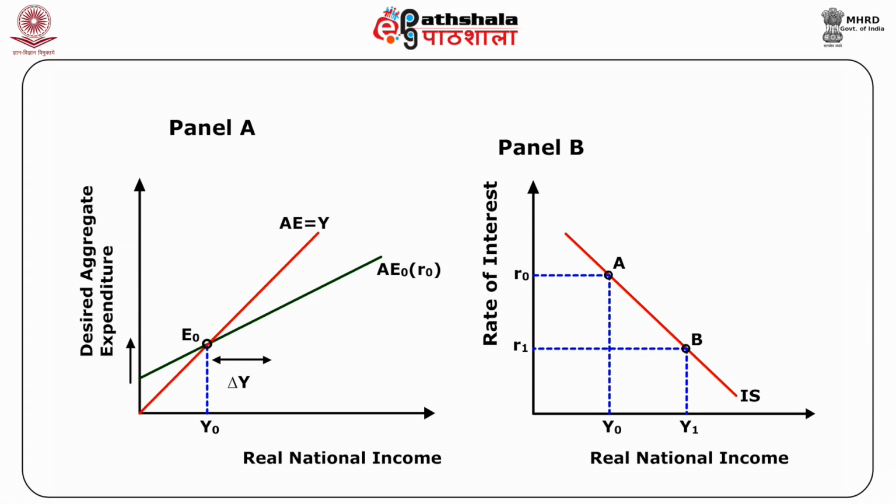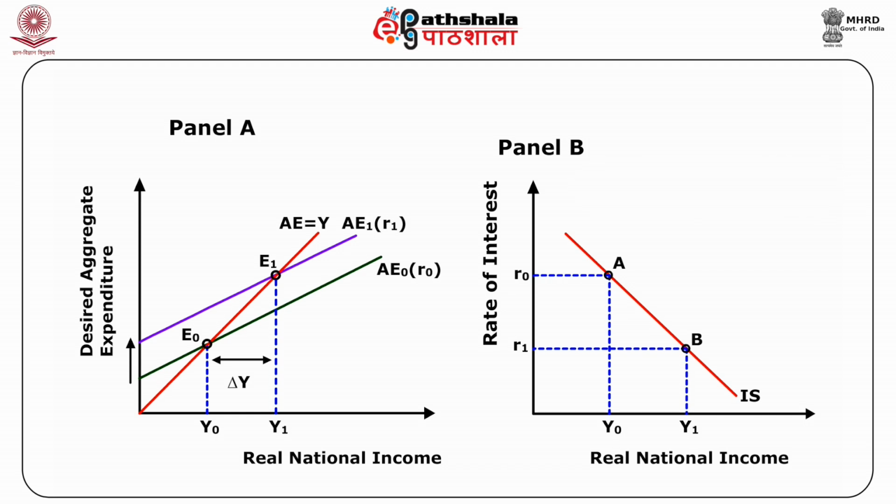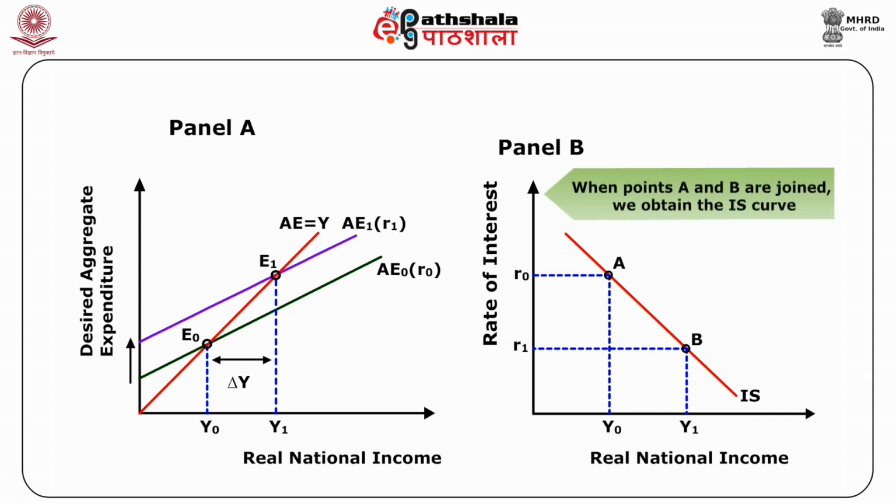Now, when the interest rate falls from R0 to R1, investment spending rises and leads to an upward shift of the AE curve. A new equilibrium is established at point E1, where equilibrium income is Y1. The point corresponding to this new equilibrium is point B, at interest rate R1 and income Y1. When points A and B are joined, we obtain the IS curve.